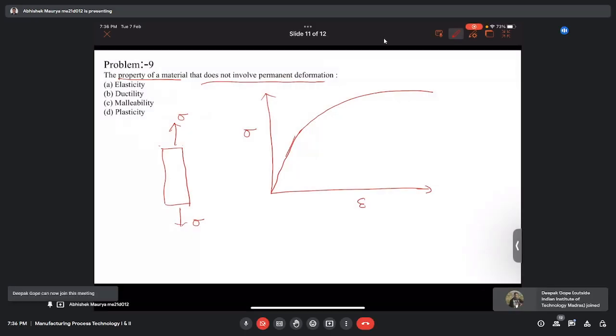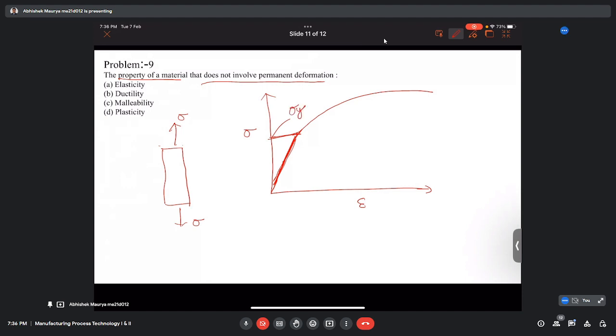So up to here, or up to the yield point sigma y, this is the straight line.